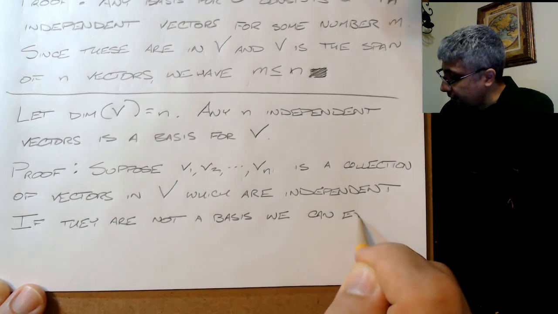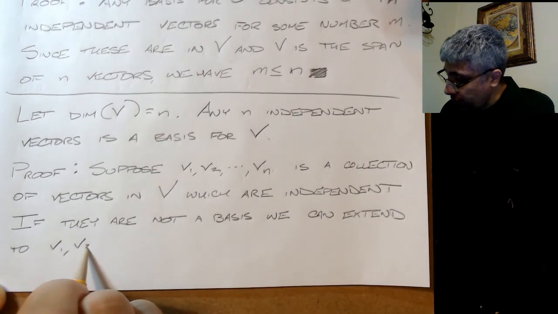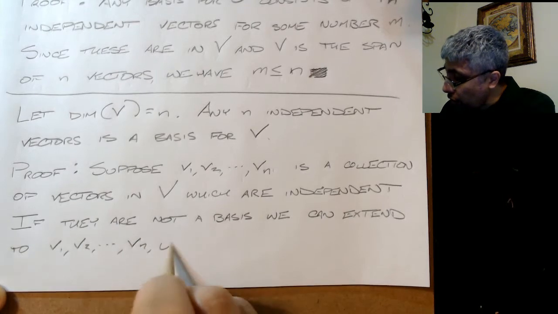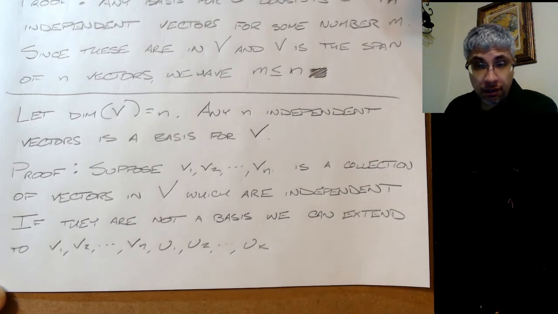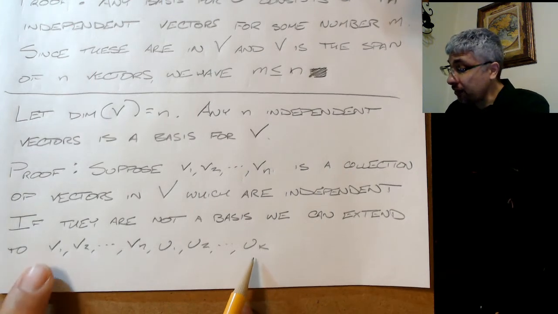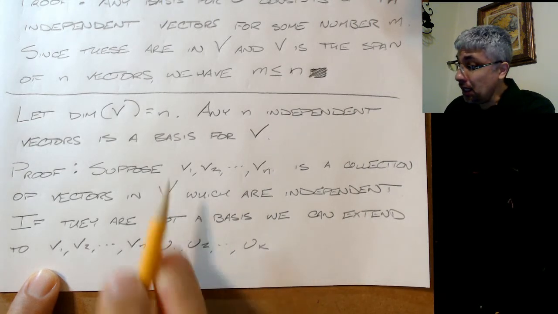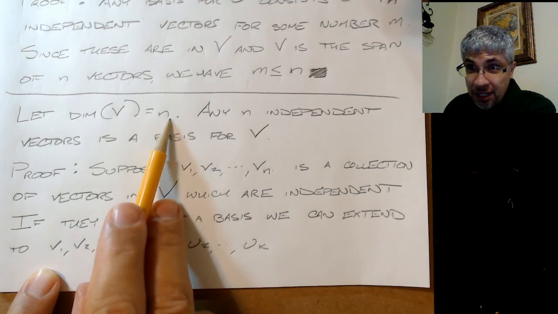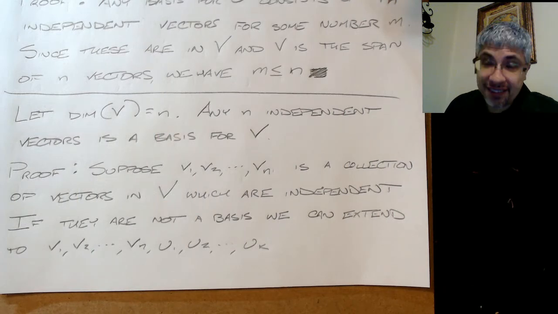So if they are not a basis, we can extend to v1, v2 through vn, and u1, u2 through uk. But if k is bigger than 0, what do we have here? We have more than n vectors that are independent, because it's a basis, in a vector space of dimension n. And we know that any independent vectors must be at most n.